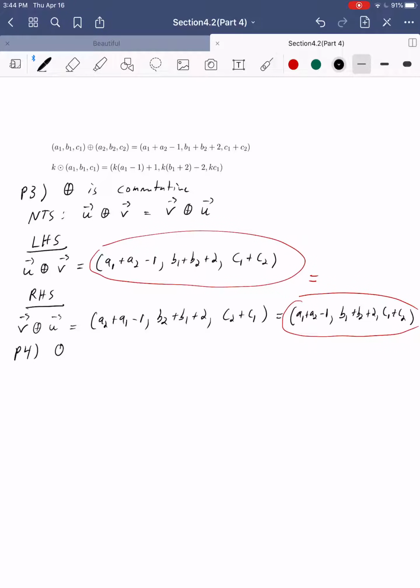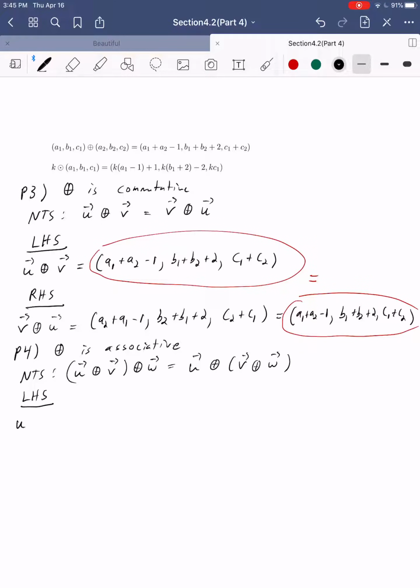Let's go ahead and show that the addition operation is associative. So what do we need to show there? Well, we need to show that if you do u plus v, take the result of that and then add that to w, that is the same as starting with u and adding that to the result of v plus w. So once again, let's do a left-hand side, right-hand side approach.